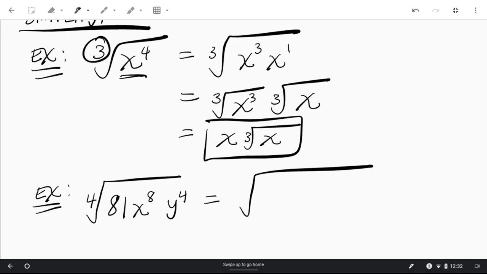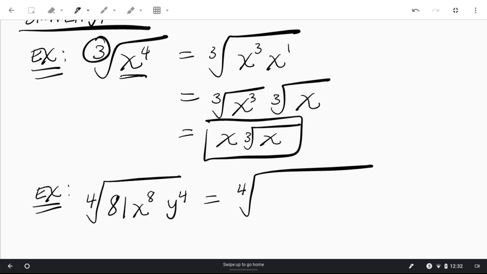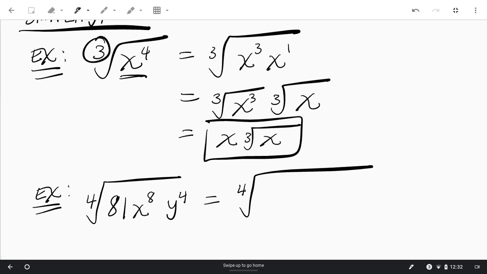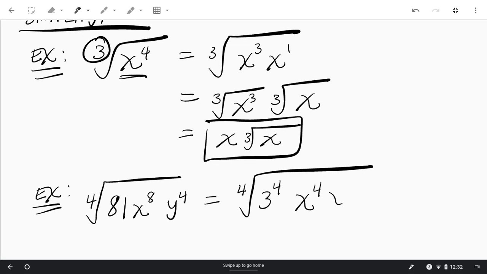So 81 can be rewritten as 3 to the fourth. x to the eighth can be x to the fourth, x to the fourth, and we don't need any more.